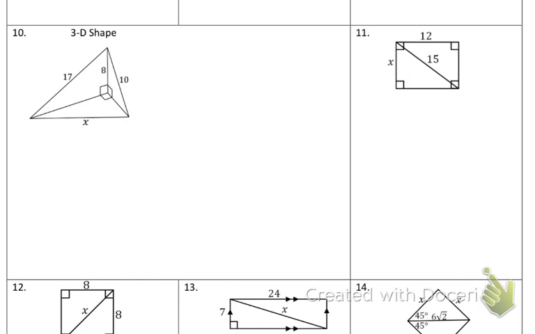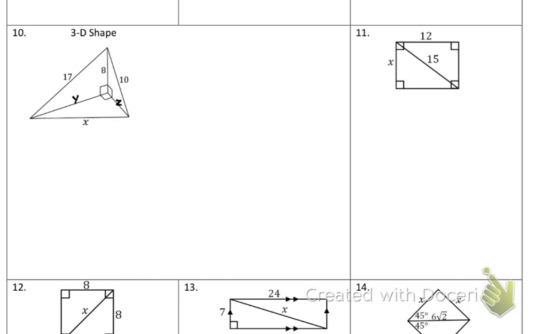Number 10, we have a three-dimensional shape. I'll walk you through my thought process. I would like you to do this. So I'm going to name this maybe y, and I'm going to name this one z. I need to know both of these values in order to find x, because this would be y squared plus z squared equals x squared. So I need to find both of these.